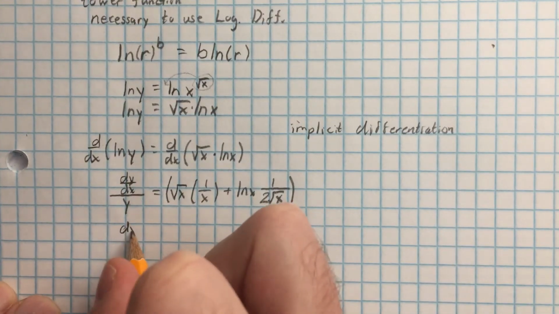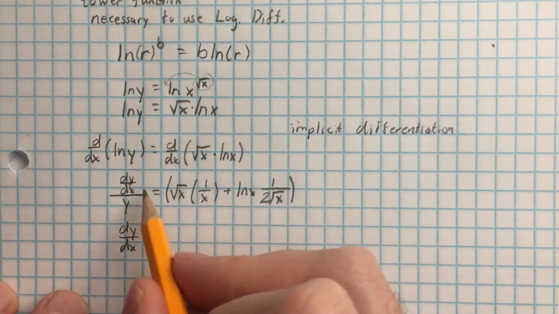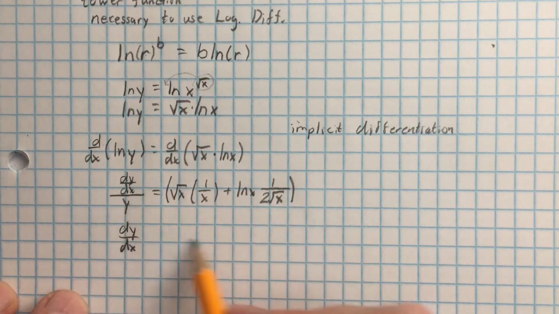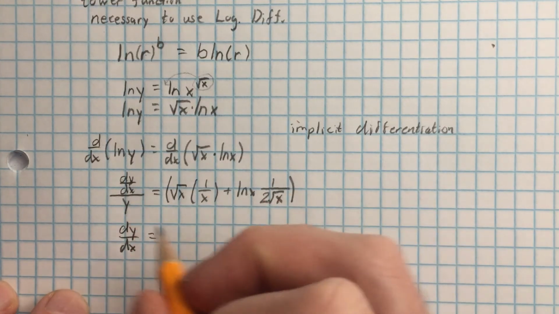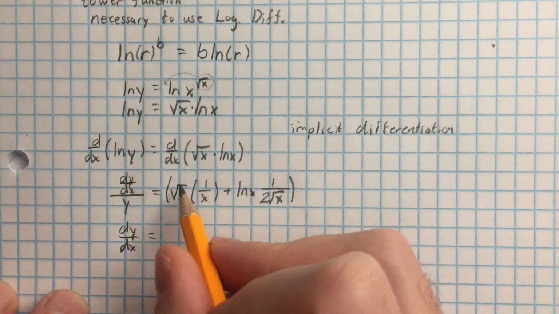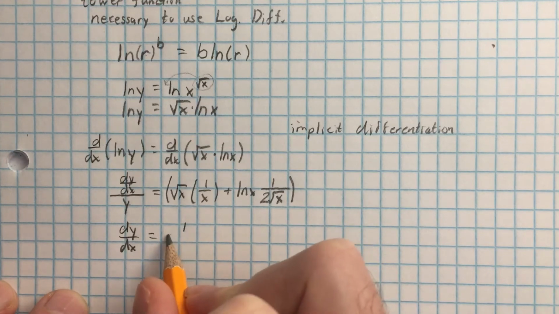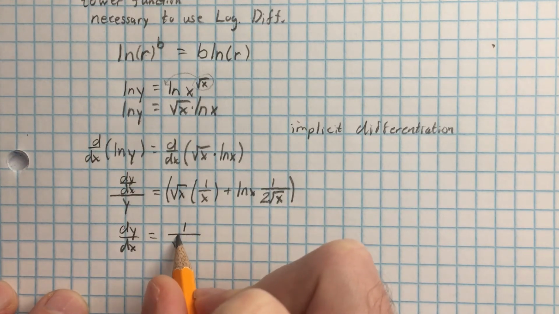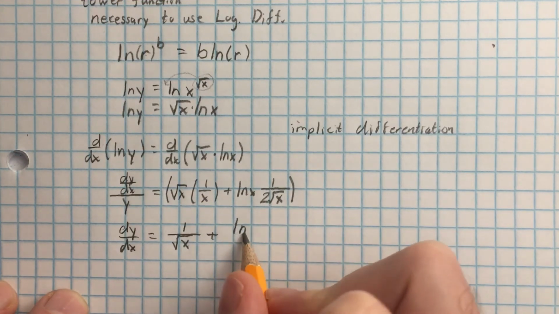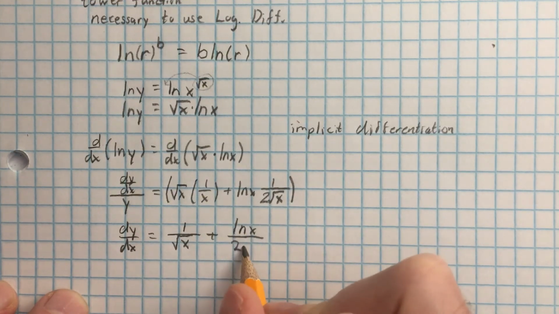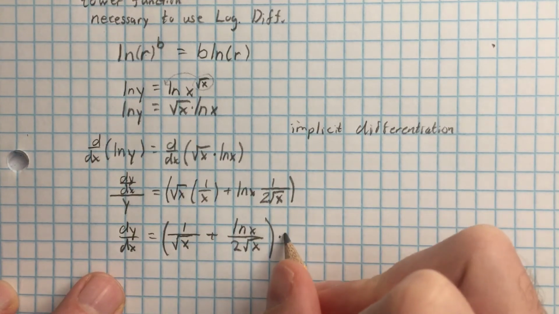So we have the derivative of the original we've now solved for in this very simple equation that involves a derivative. We're just moving this piece over here to join the right-hand side, thereby isolating dy dx, the object we were looking for. We have root x on x, which is, of course, let's simplify this a little bit as we go here, 1 on root x plus ln x on 2 root x, and that's times y.